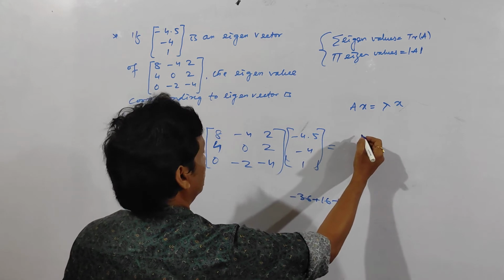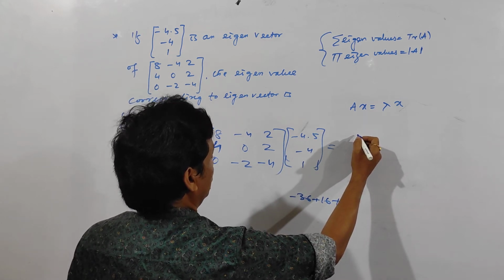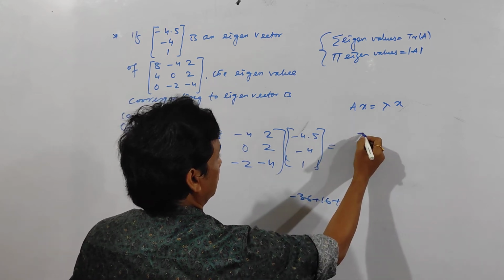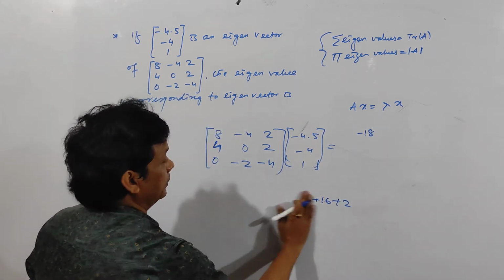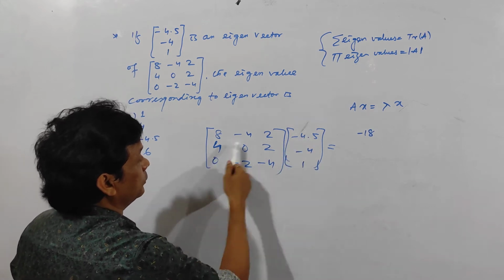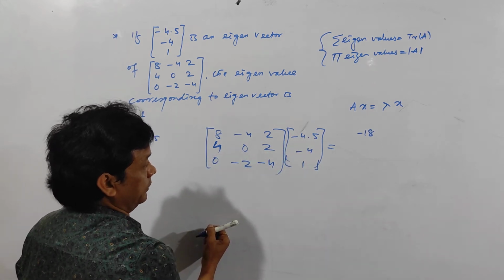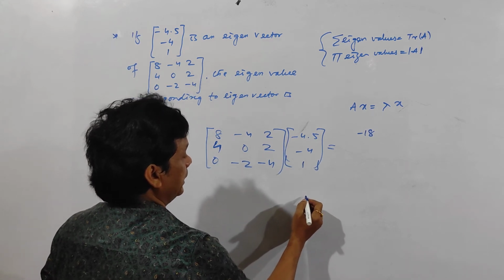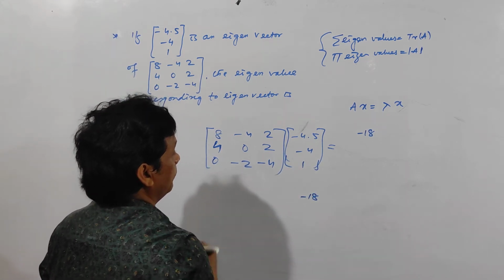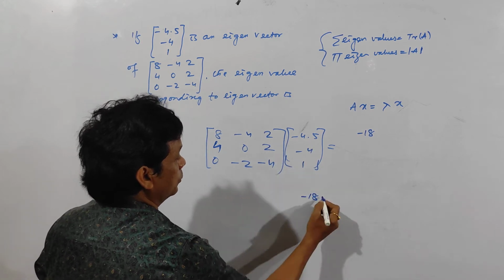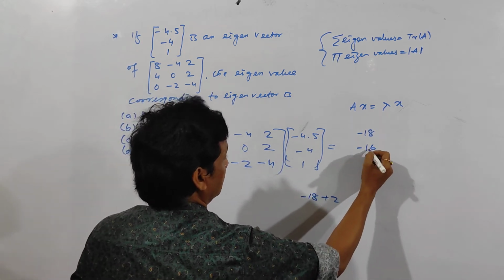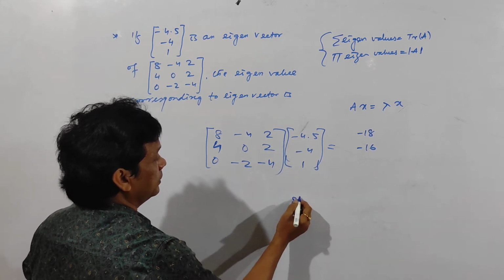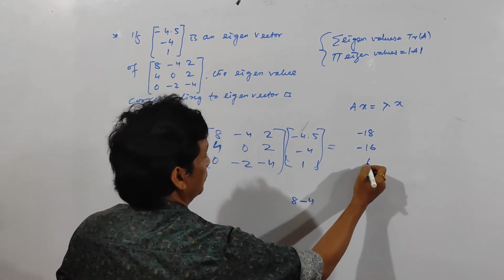So minus 18 it will be. Then the second one, 4 into minus 4.5, it will be 16, so 18, minus 18, and this is 0 and this is 2, so it will be minus 16. Then the third one, it is 0, this will be 4 to the 8, this will be minus 4, so it is 4.